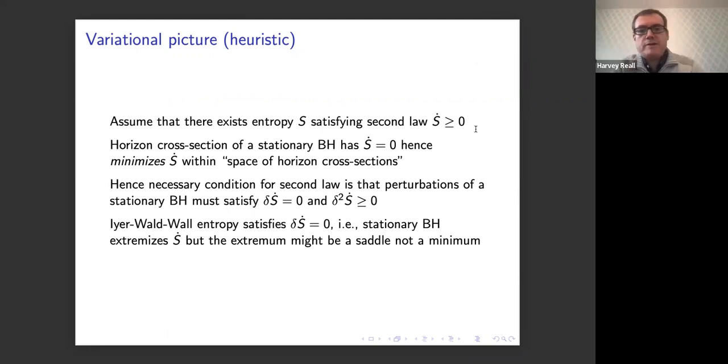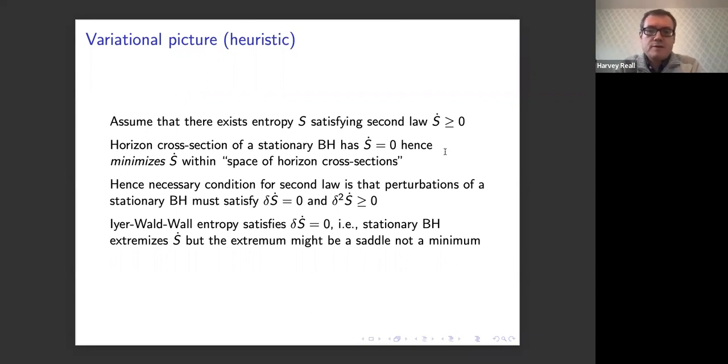Then if we look at a stationary black hole, that will have S dot equal to 0 because the entropy is not changing, because the black hole is time independent. And so if there is a second law, then the stationary black hole actually minimizes S dot within the space of horizon cross sections, which I'm not going to attempt to define. But clearly S dot minimizes this inequality.